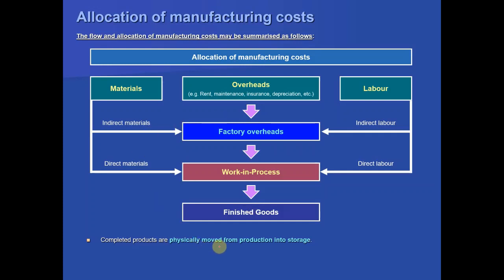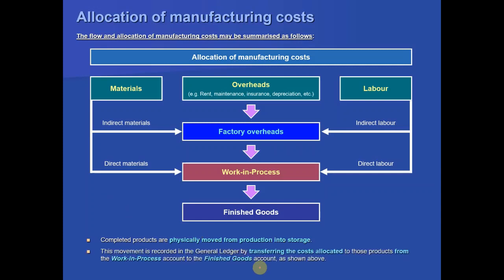Completed products are physically moved from production into storage. This movement is recorded in the general ledger by transferring the costs allocated to those products from the work in process account to the finished goods account as shown above.